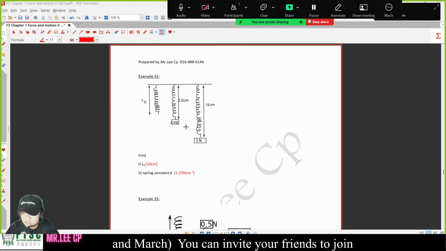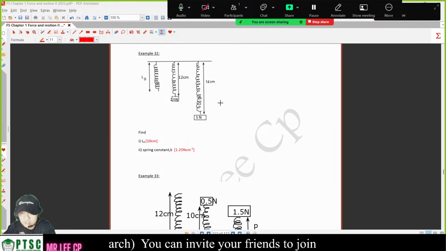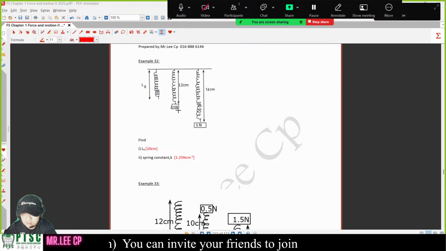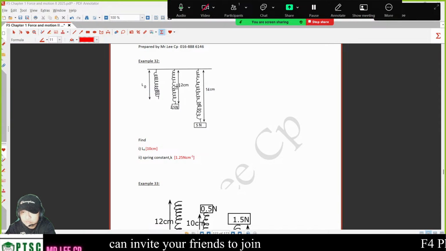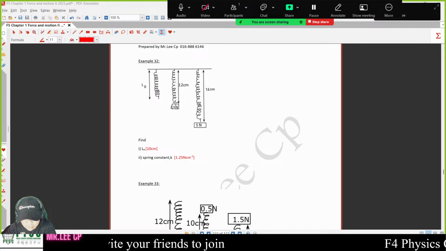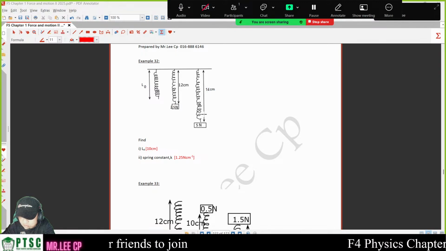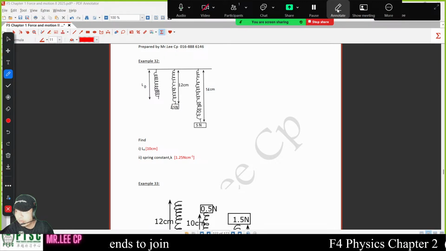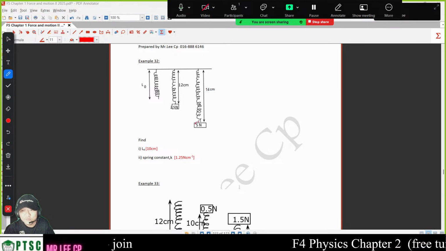So we try to see this kind of question. How to do it? Now the original length, I don't know, but it becomes 12 with 2.5 Newton. It becomes 14 with 5 Newton. Now, I want to test you whether you can see it or not. This is 5 Newton.